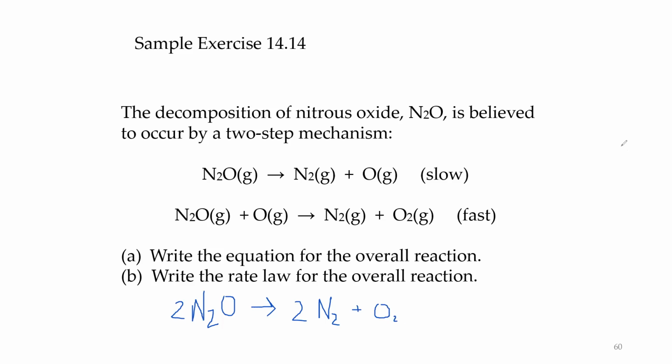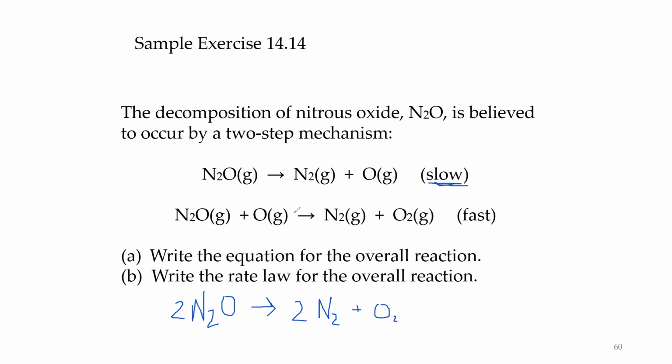And then with this one, we also want to get the rate law. So like I said, we're going to have a rate determining step, and that's going to be the slowest step we have, because this is kind of the one that holds up the reaction, essentially. So when we're thinking about the rate, this one's going to happen extremely quickly.